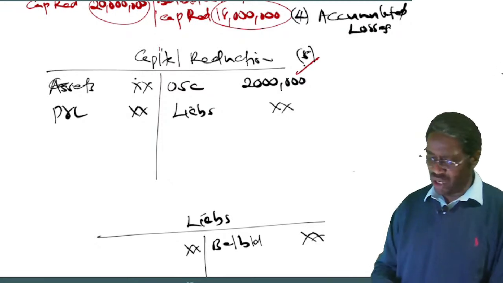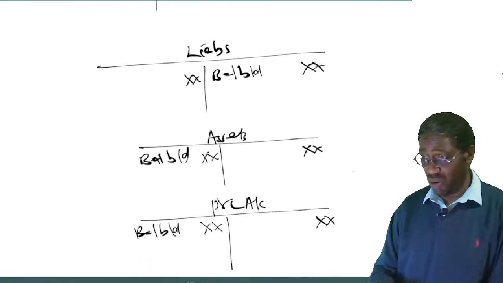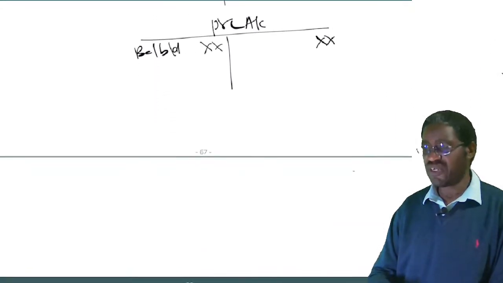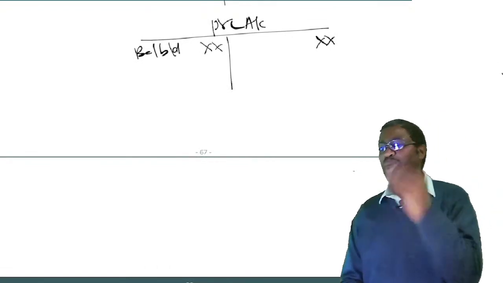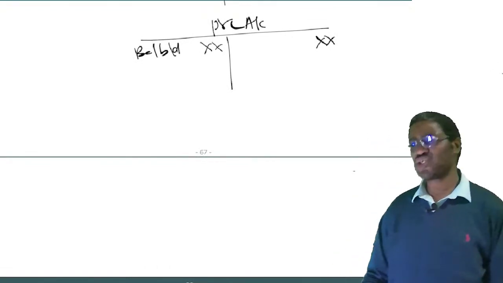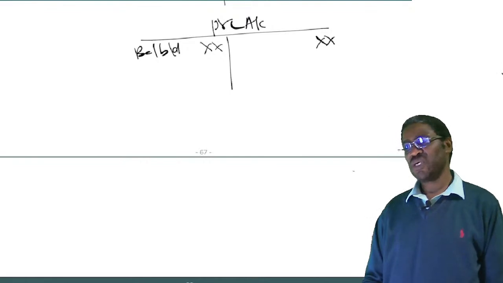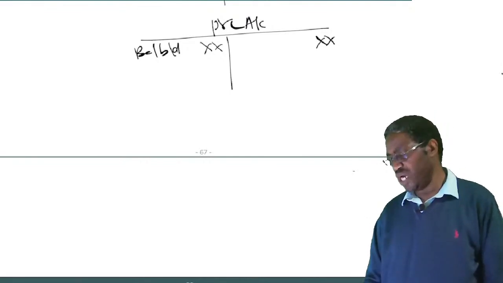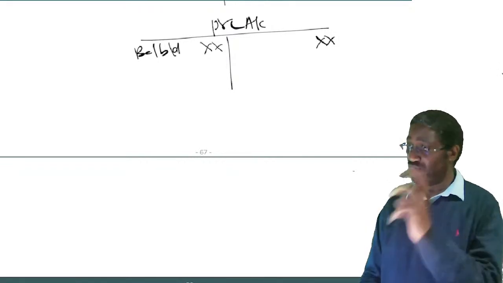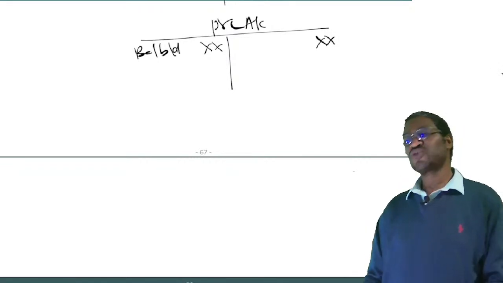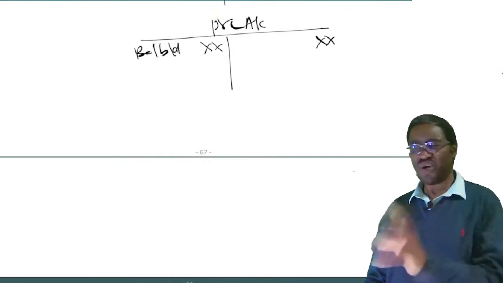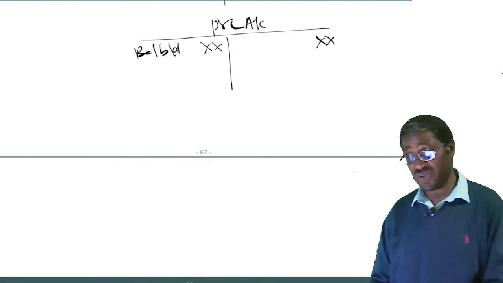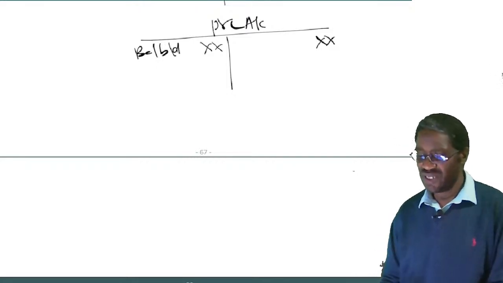Now, before I talk about number five, listen. This company A, which is reconstructing themselves, they knew you are an accountant. And therefore they called you so that you help them to reconstruct themselves. Now listen.